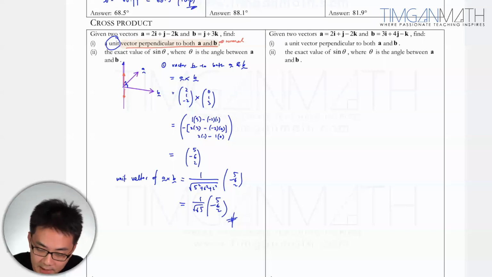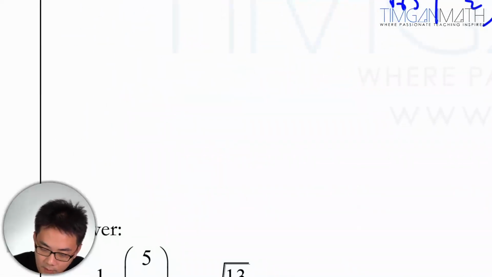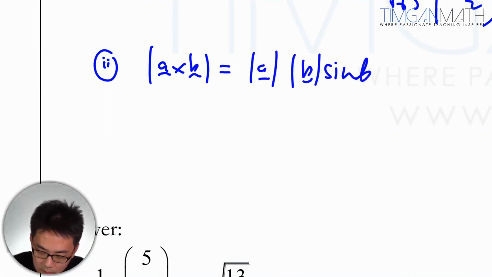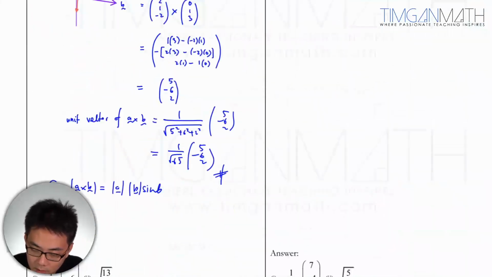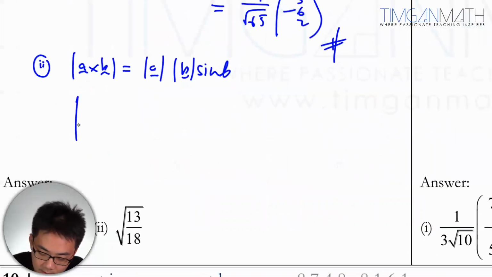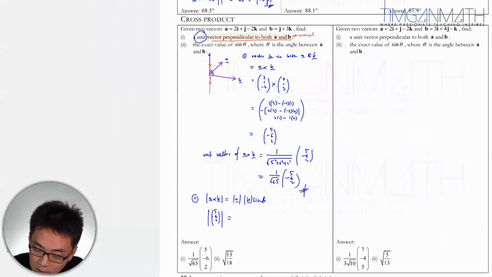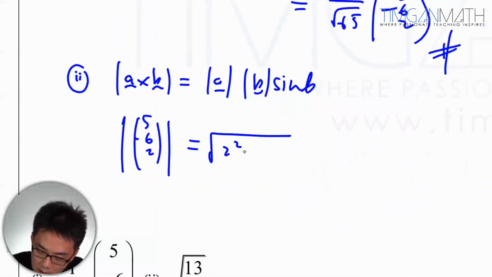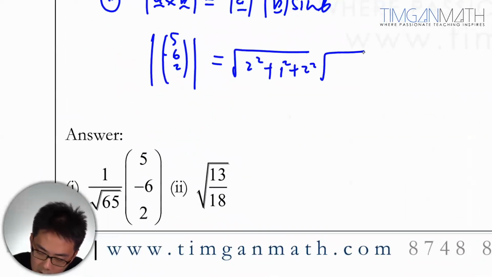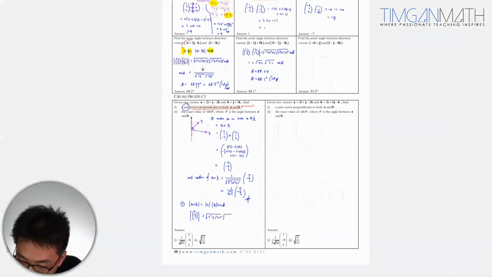The second part, the exact value of sine theta. What you do is mod A is 5 minus 6, 1 square, and B would be 1 square plus 3 square.